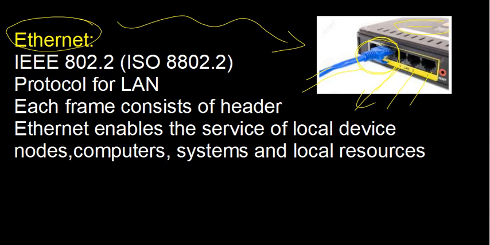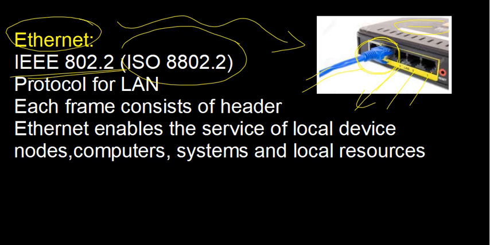As far as Ethernet is concerned, it originated from the IEEE 802.2 standard. It is also conceived from the ISO 8802.2 standard, because ISO is another agency which has given us a lot of communication standards, right?